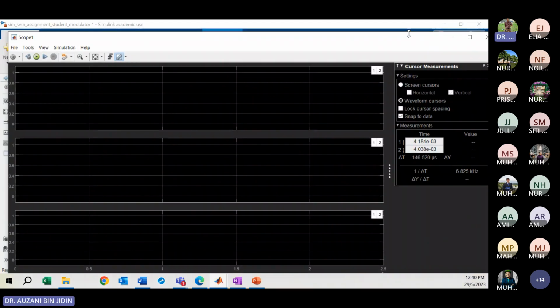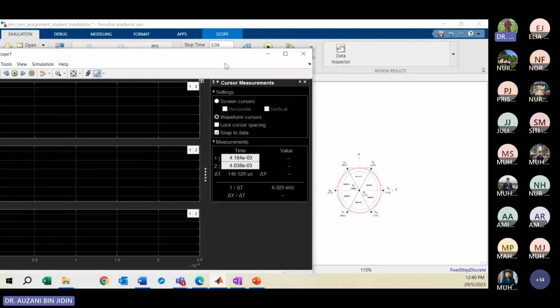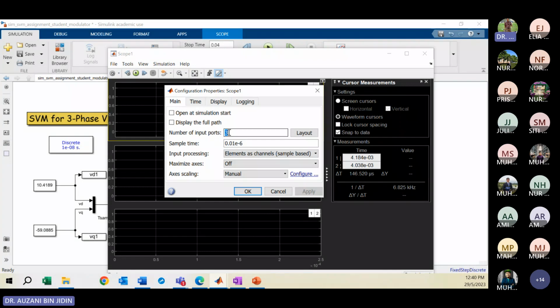The scope has 3 graph axes. You click this setting button. By default, the value is 1, and you need to change it to 3.